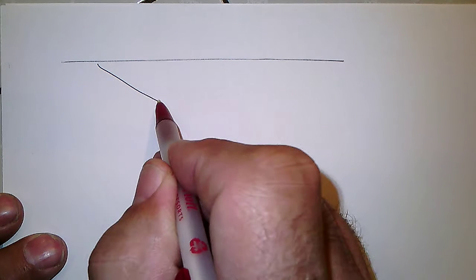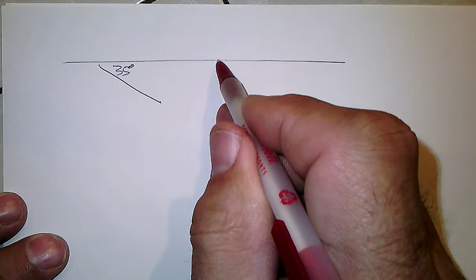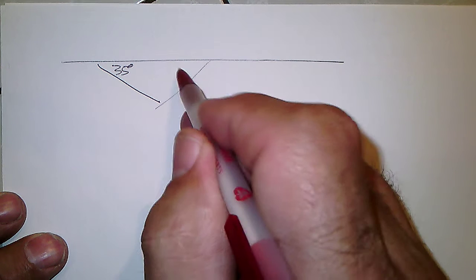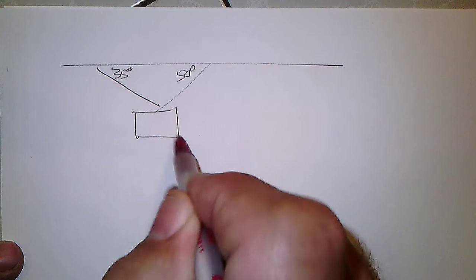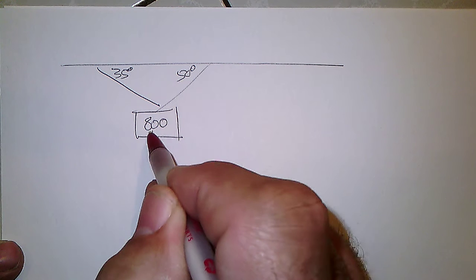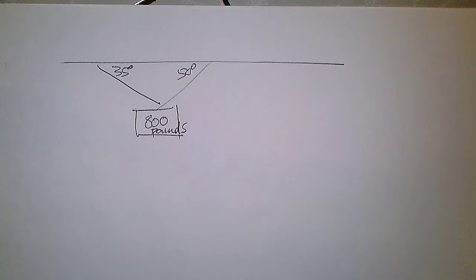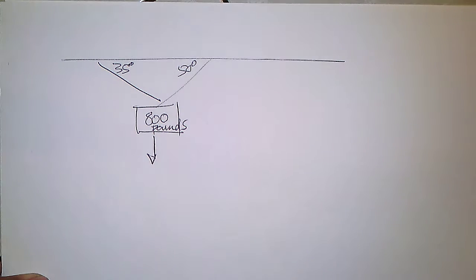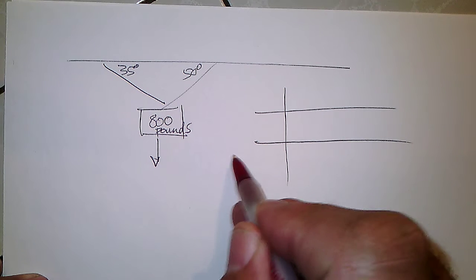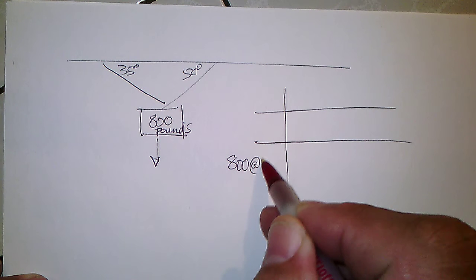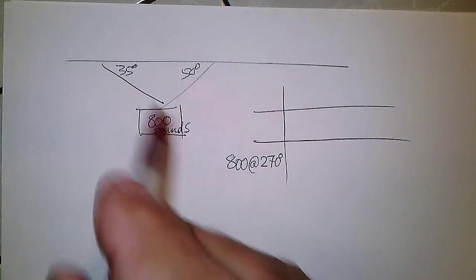So we've got it suspended over here. The angle is 35 degrees, and over here it is 50 degrees, and the weight is 800 pounds. So the 800 pounds is straight down, and that's the total force. 270 degrees is straight down.